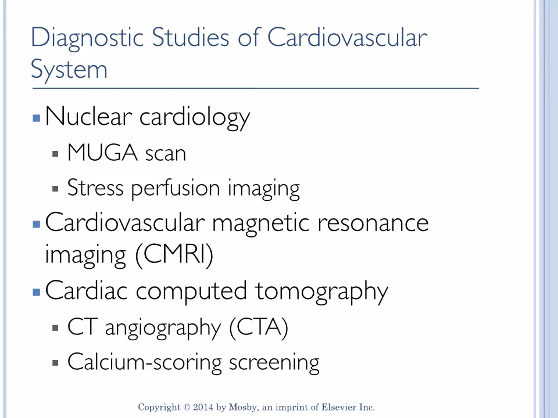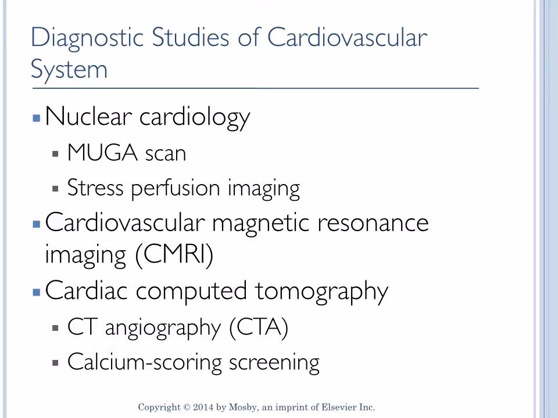And then you have something called cardiovascular MRI. Cardiovascular MRI can detect and find areas of MI in a 3D view. So you want to know what part of the heart got injured. MRI can do it.